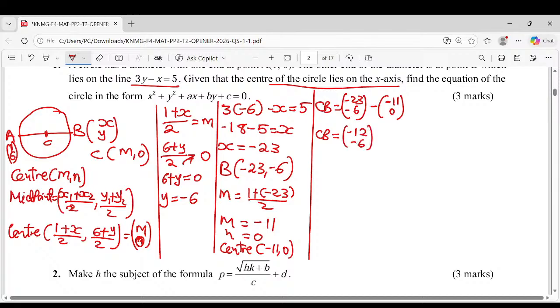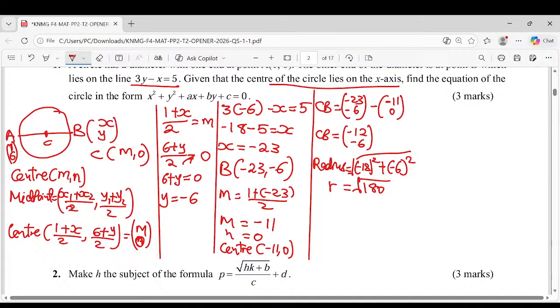Then now to get the radius, it will be the square root of negative 12 squared plus negative 6 squared. That will be 144 plus 36. The square root of 180 is our radius, ladies and gentlemen.